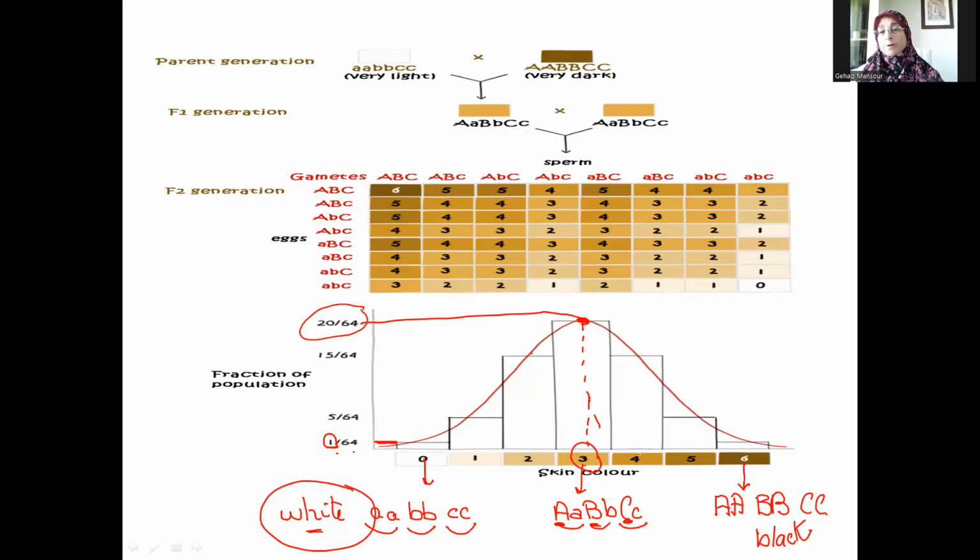And this curve applies to any trait where you have a gradation, or a gradual increase in the intensity of the trait or the phenotype with the number of dominant alleles. So it applies to skin color, it applies to hair color, and it applies to the height of the individual.